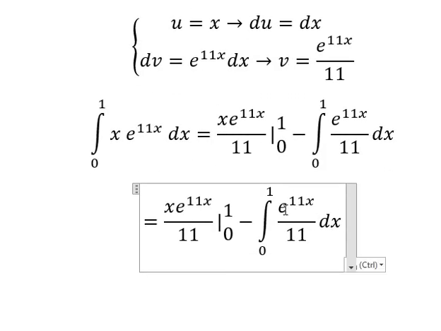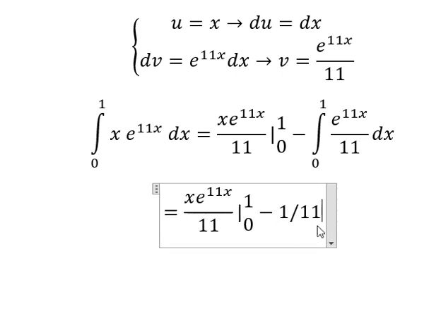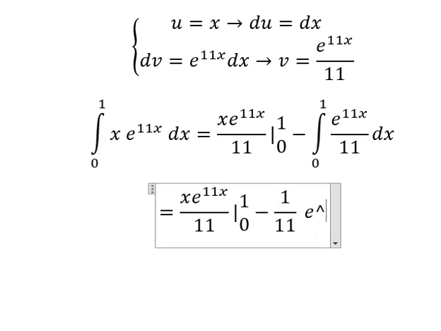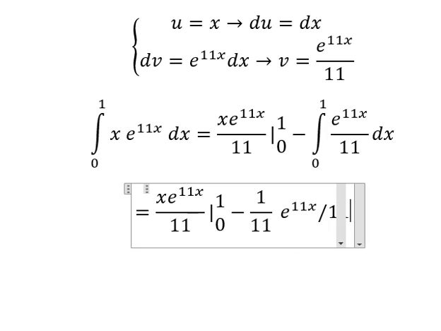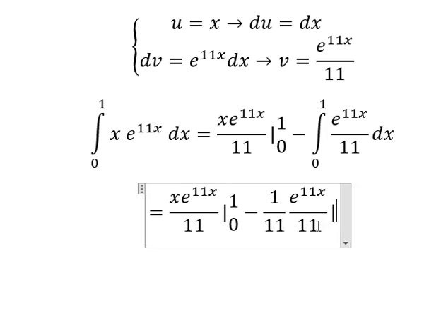So the integration of this one is 1 over 11 times e to the power of 11s over 11, and I will put the bounds from 0 to 1.